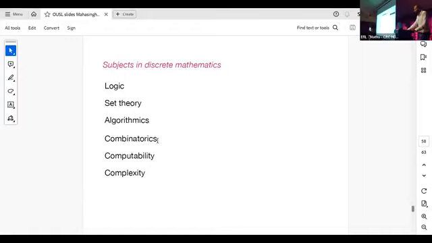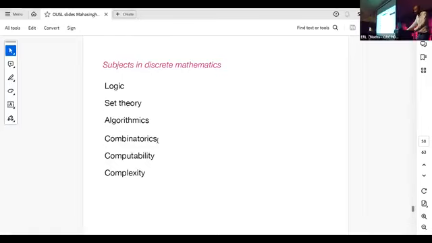And combinatorics, it's about counting things. For example, if there are 3 doors to enter this room, and 4 doors to leave the room, how many ways are there to enter and leave the room? Likewise, you can count things like that. It's mostly about counting and permuting things, rearranging things, combinatorics, and then computability.